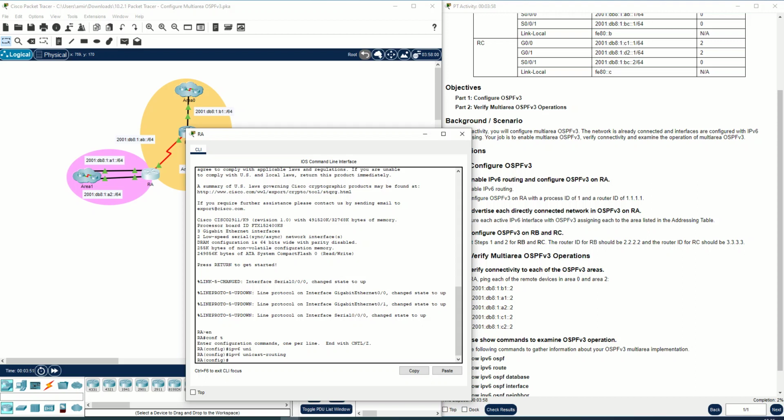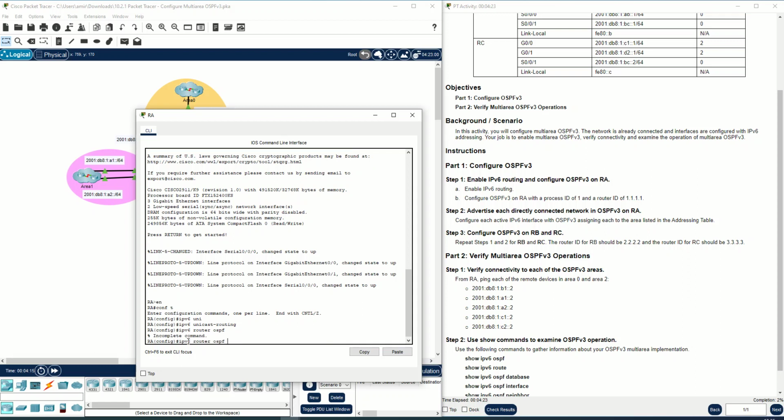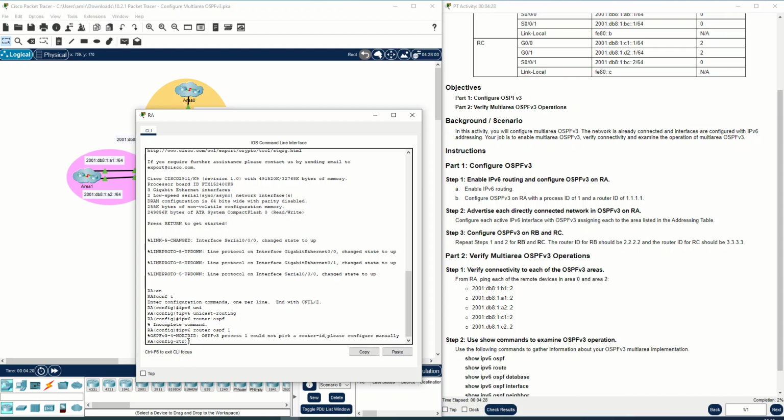After that, we should configure OSPF on RA with process ID of 1 and router ID of 1.1.1.1. The ipv6 router ospf command creates the OSPF process, and after that you should also set the router ID.